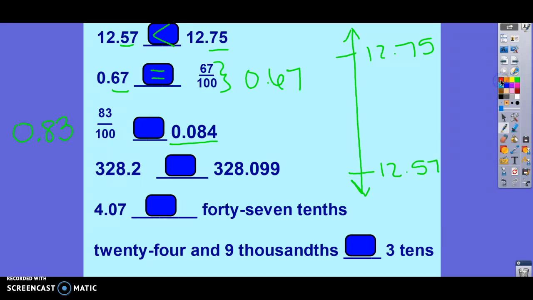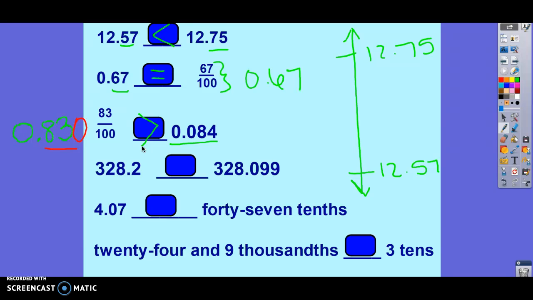If we were comparing the same number of decimal places, we could add a 0 here and make it 830 thousandths compared to 84 thousandths, and our correct answer would be 830 thousandths would be larger than 84 thousandths. 83 hundredths is larger than 84 thousandths.